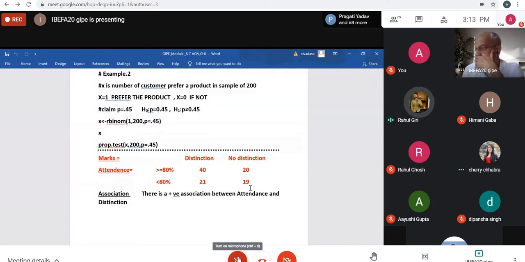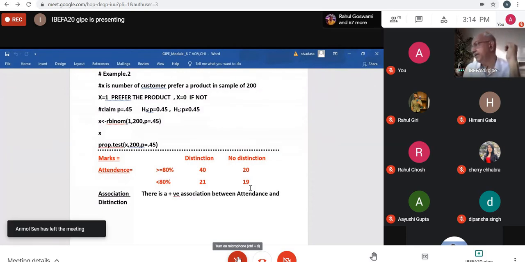Sir, as attendance increases, the chances of getting a distinction increases. This statistical term is called, in English, association, positive association. He has said very clearly, probability of distinction is high if your attendance increases. This is called positive association between the two characteristics. Who are they? Marks and attendance.